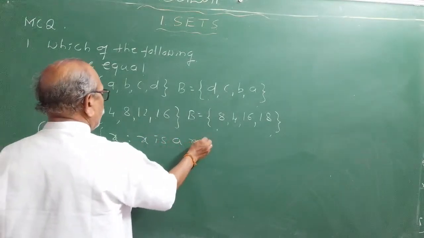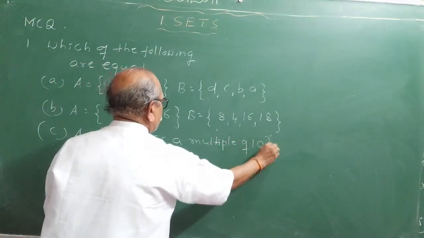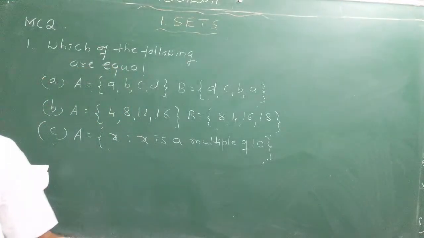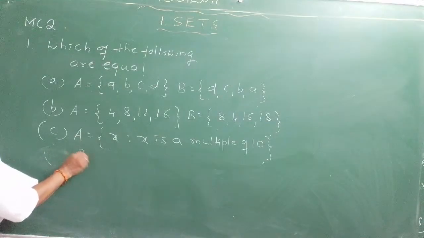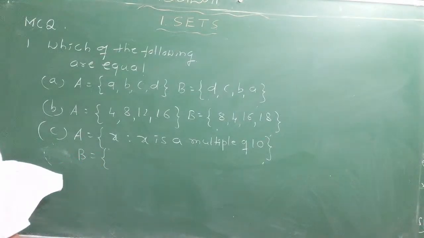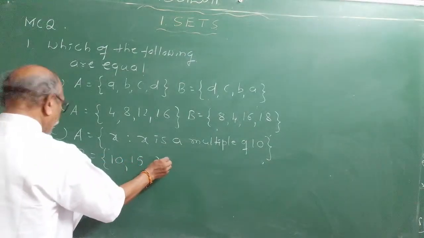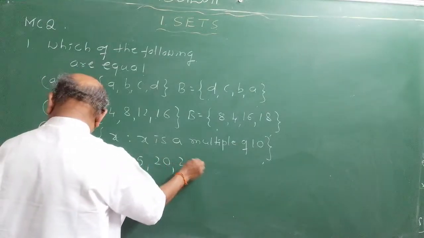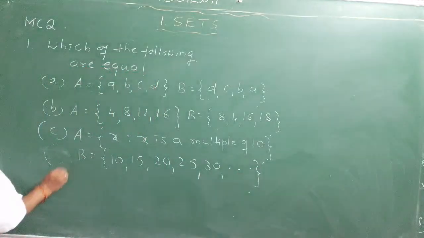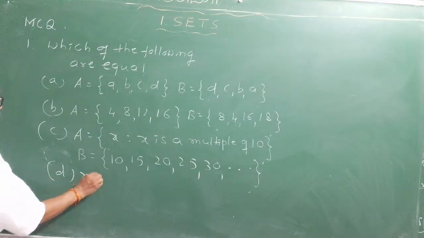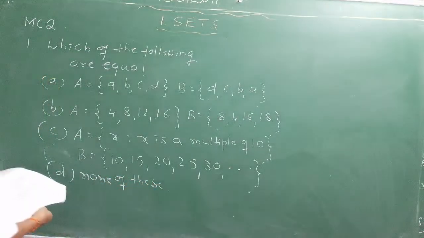B is the set {10, 15, 20, 25, 30, ...}. D, none of these. I will check it.